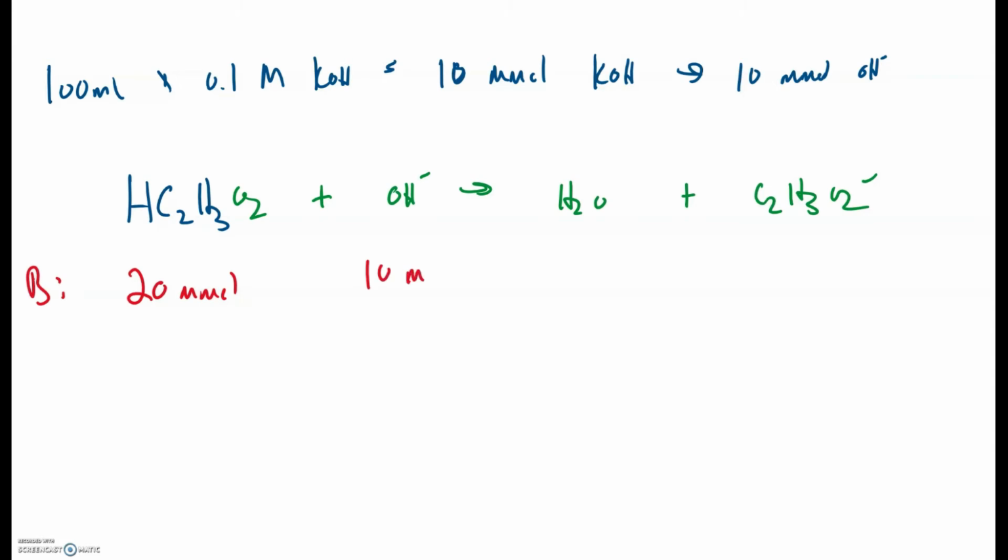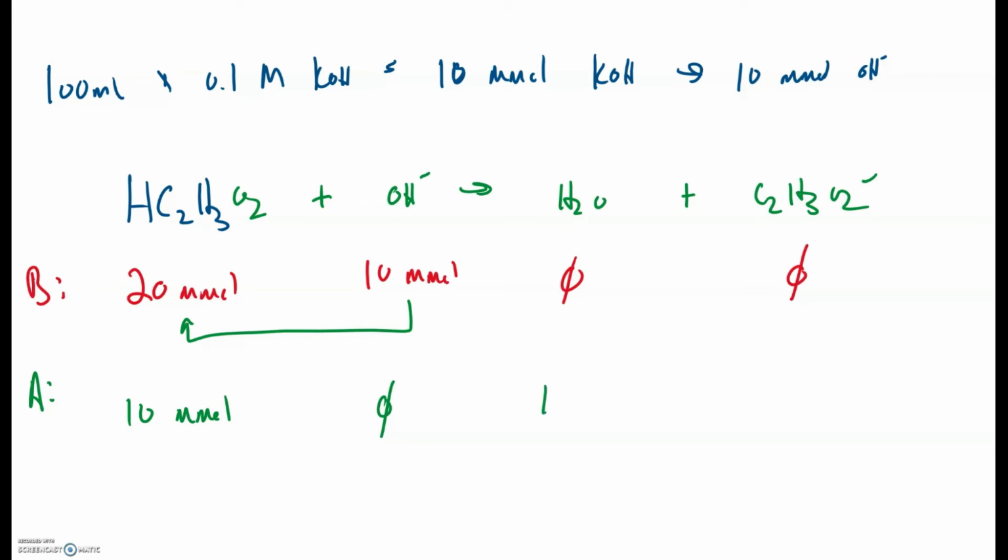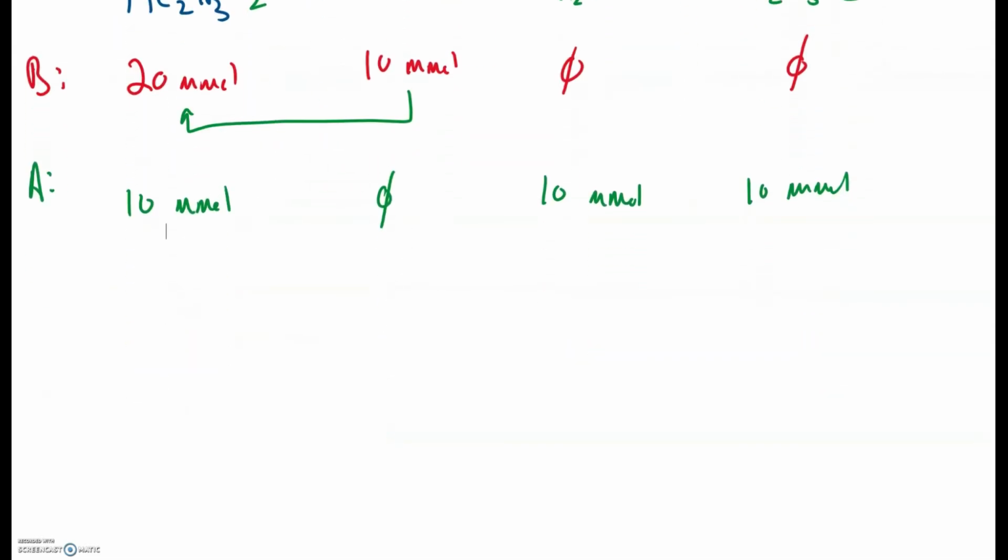This time we're adding 10 millimoles of base. Before the reaction starts, we haven't made any of that stuff. After the reaction, this 10 millimoles is going to neutralize 10 and leave 10. This will be 0. We'll have made 10 millimoles, and we'll have made 10 millimoles of our acetate. So I'm going to get these into concentrations, milliliters.